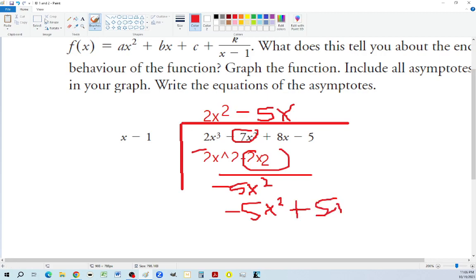I bring down the plus 8x here, like long division, you bring down the next number. When I subtract, these things cancel. By the way, these things cancel here. And I get 8x minus 5x, 3x. To create a 3x here, I have to multiply it by 3. I have to bring down the minus 5.